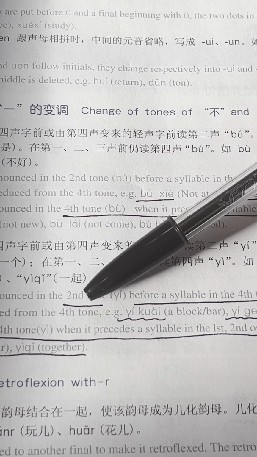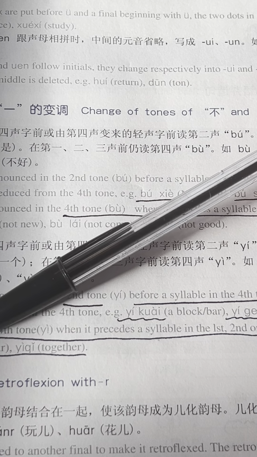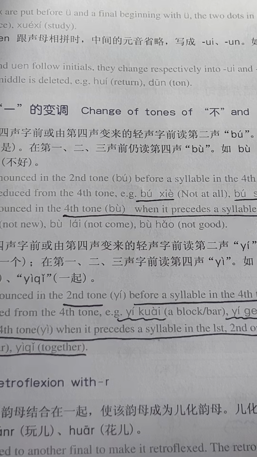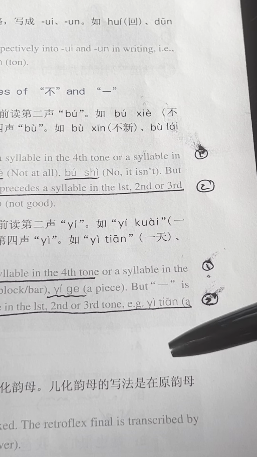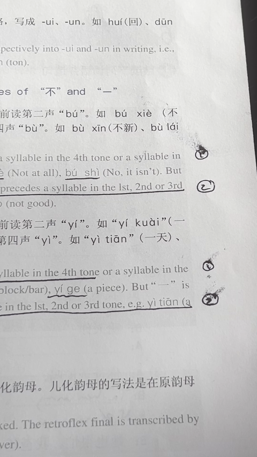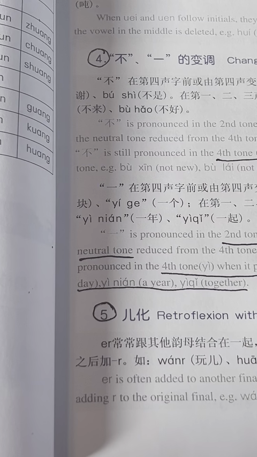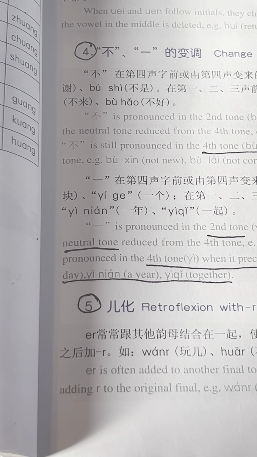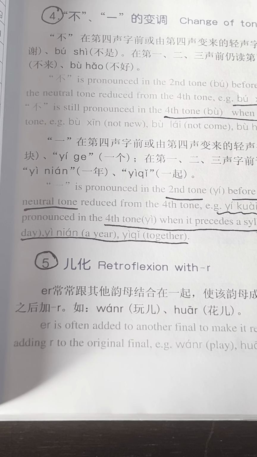But yi is pronounced in the fourth tone when it precedes a syllable in the first, second, or third tone. 一天, 一年, 一起. Right? 一天, one day. 一年, one year. Or 一起, together.